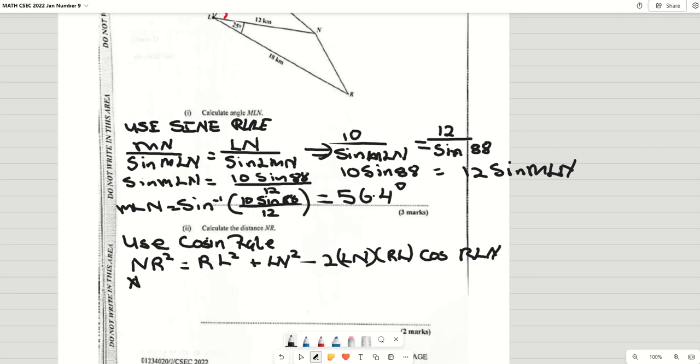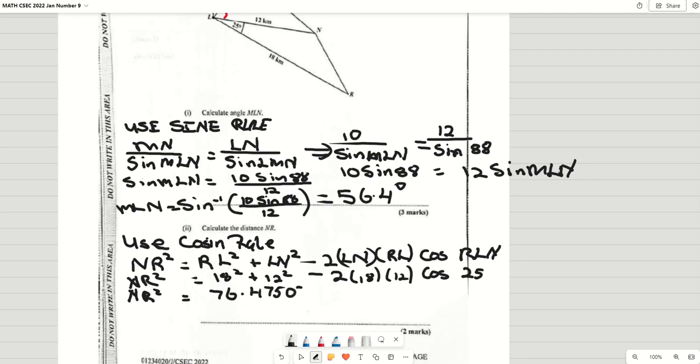Put the values, that's NR squared is equal to RL, 18 squared, plus LN squared is 12 squared, minus 2 by 18 by 12 cos 25. Right? When you do this in your calculator, you'll get NR squared is equal to, please do not approximate, just give the exact answer, 76.475036.